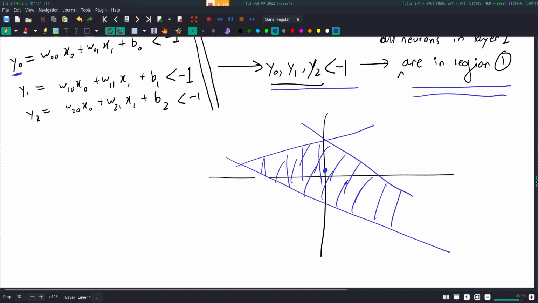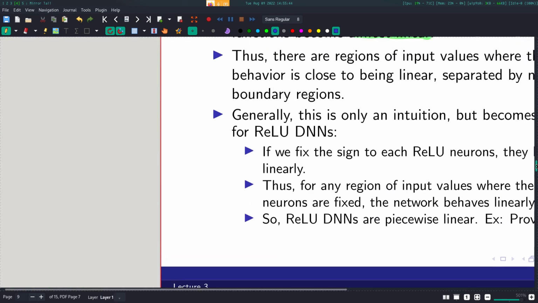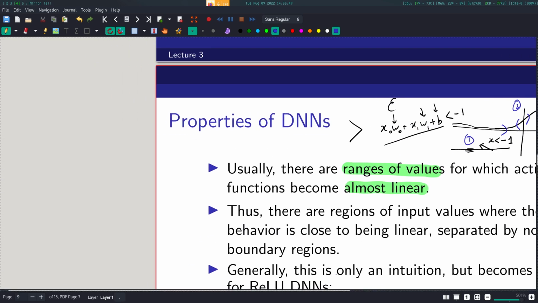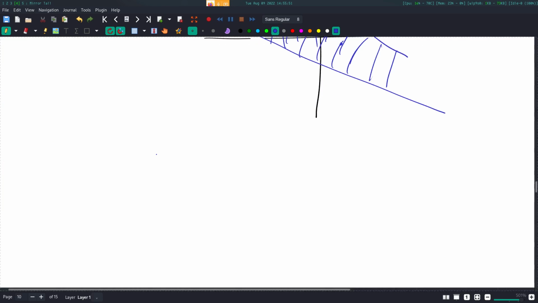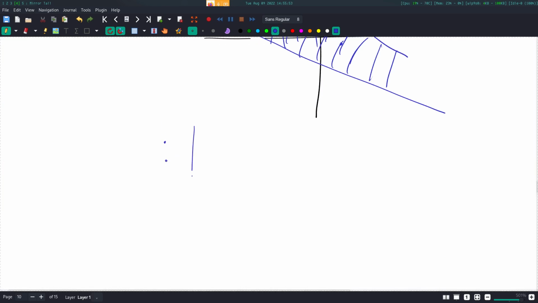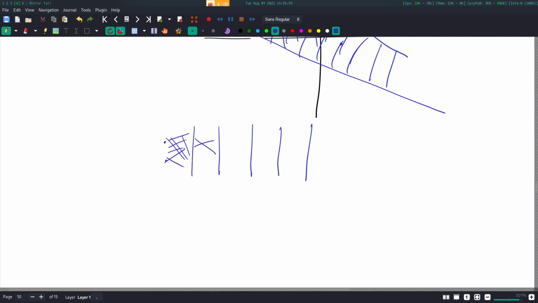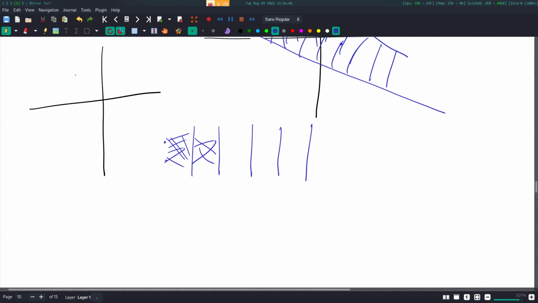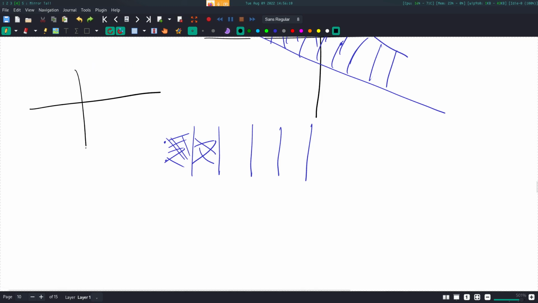But essentially, my claim is that if you have such regions of linearity in your activation function, say region number one, even if you have a much more complicated network with many different layers and many more neurons, all of this will still go through. You'll still end up having some region in your input, maybe more complicated, with more boundary edges and so on.